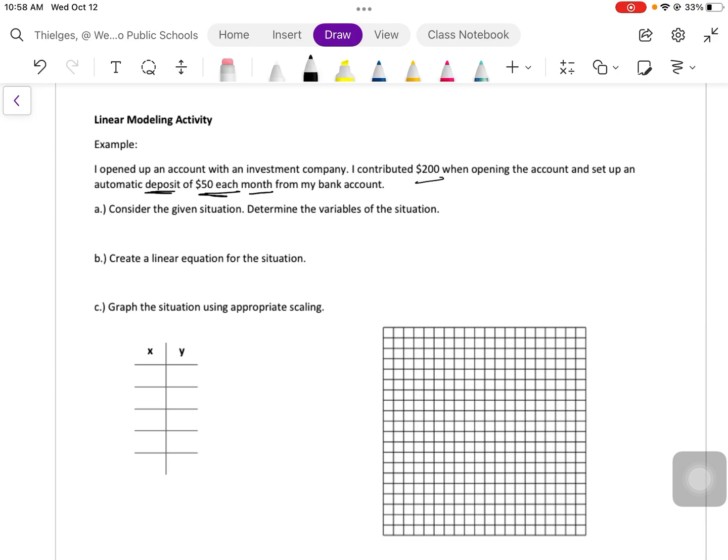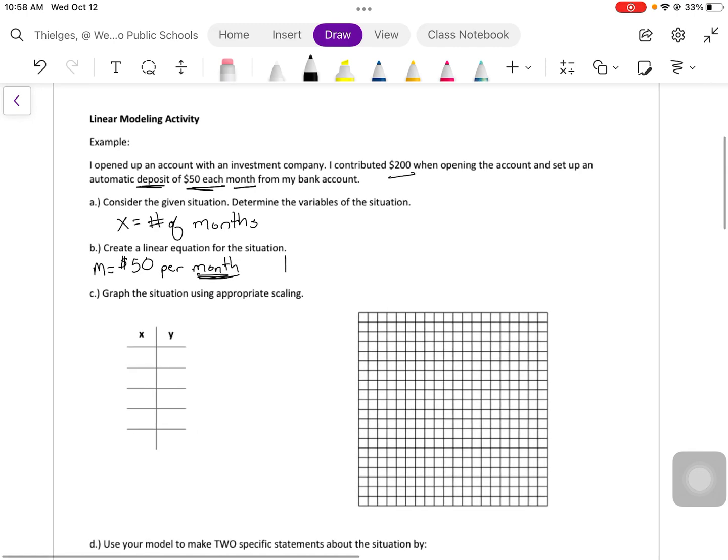Okay, I've told you that the slope is going to be the number that has an "each" or a "per" to it. So $50 per month. And the per is actually going to help me name my x variable. X is going to be the number of months. Now the $200 is my initial startup.